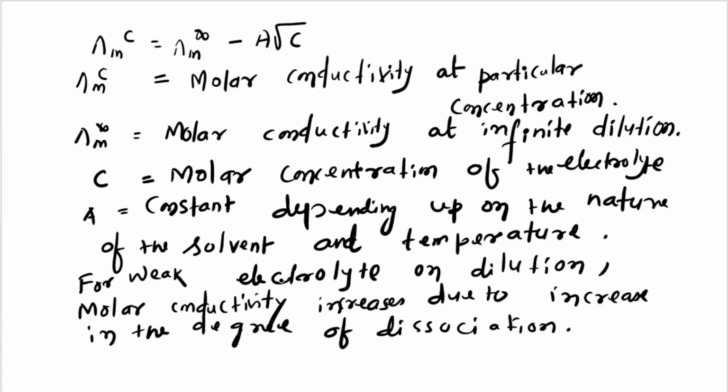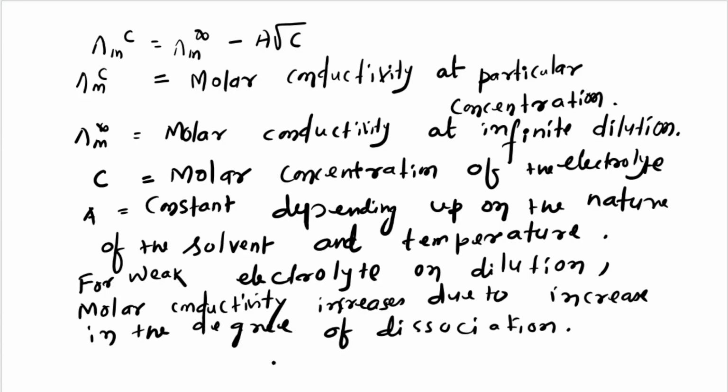For a weak electrolyte, what happens? On dilution, molar conductivity increases due to increase in the degree of dissociation. For a strong electrolyte, inter-ionic distance changes and molar conductivity increases.